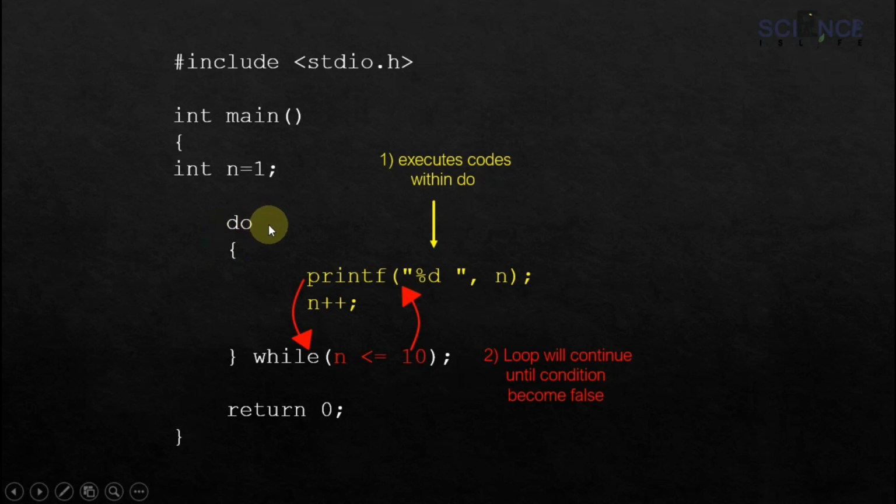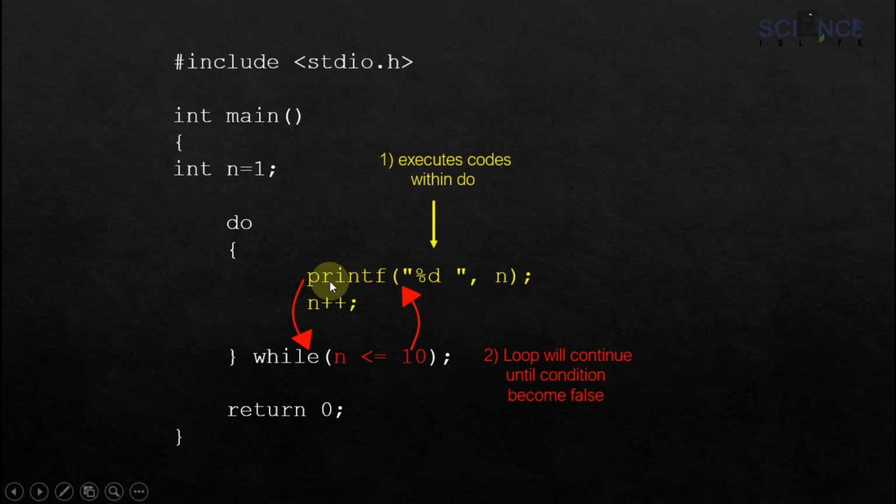You can see that there is no condition with do. So no restrictions to jump inside this do because there is no condition checking, so it will execute the things within this do.